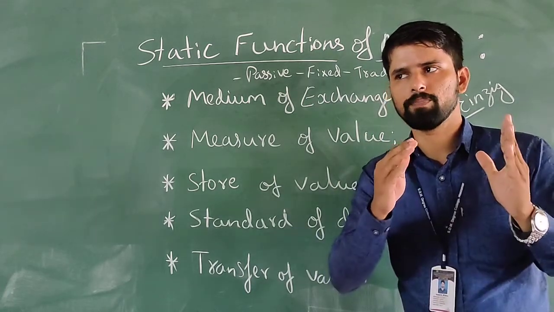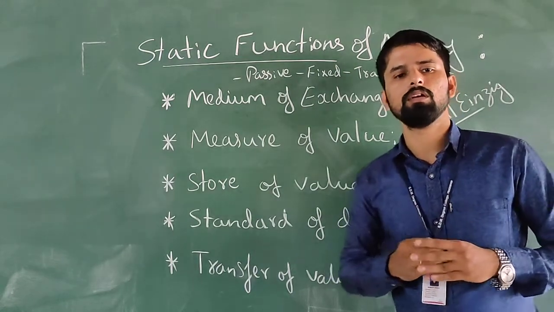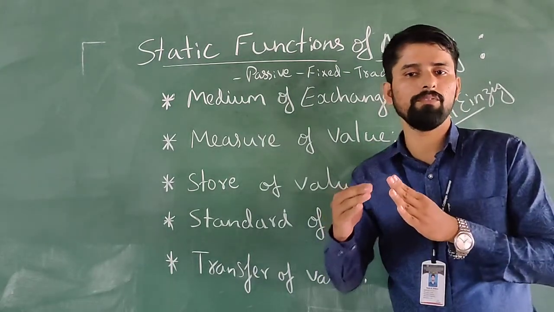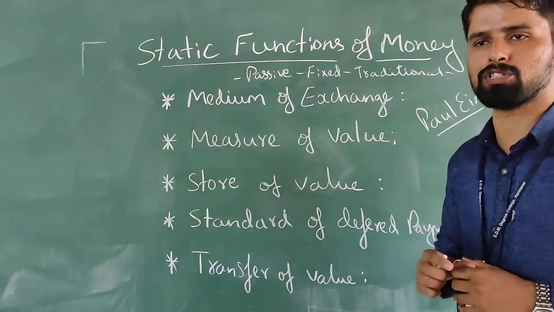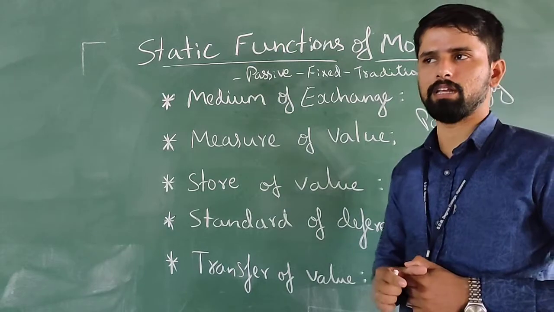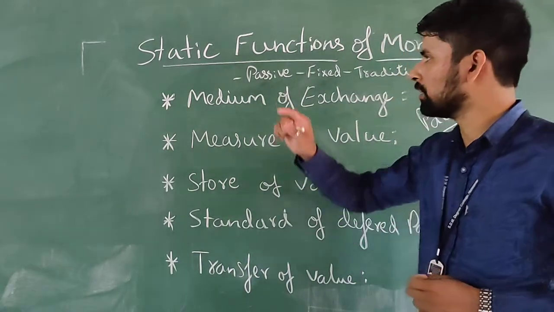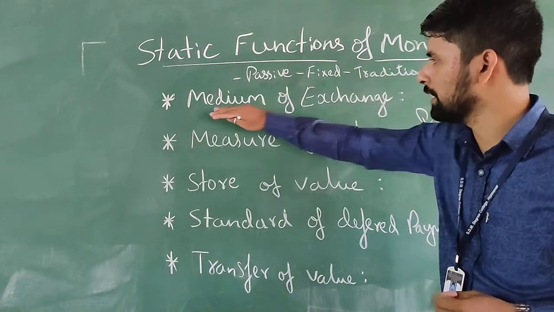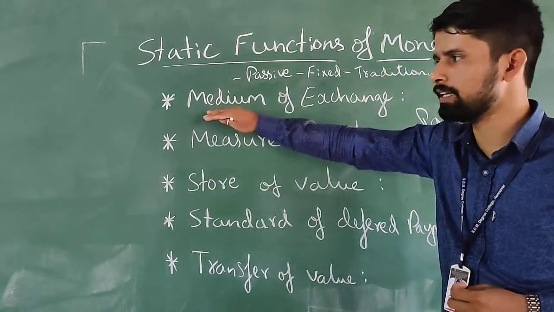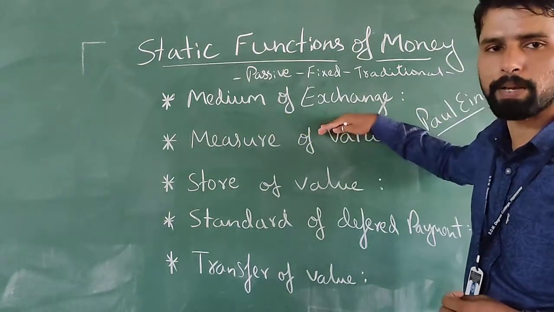Not only individual A, but all individual behavior in the commodity money, in the barter system, will face that difficulty or inefficiency. So the modern standard of money removes that inefficiency by being a medium of exchange.